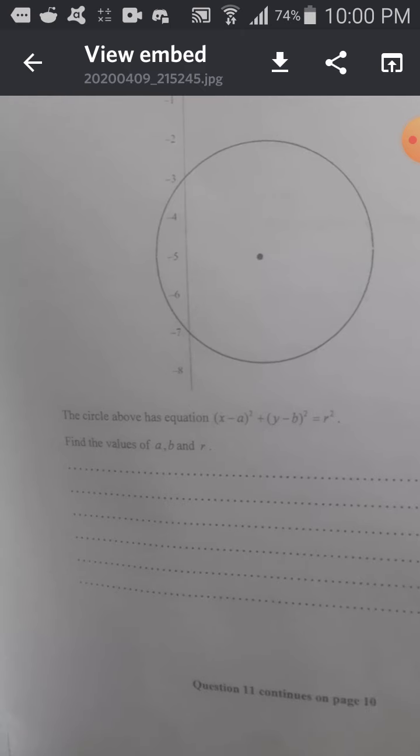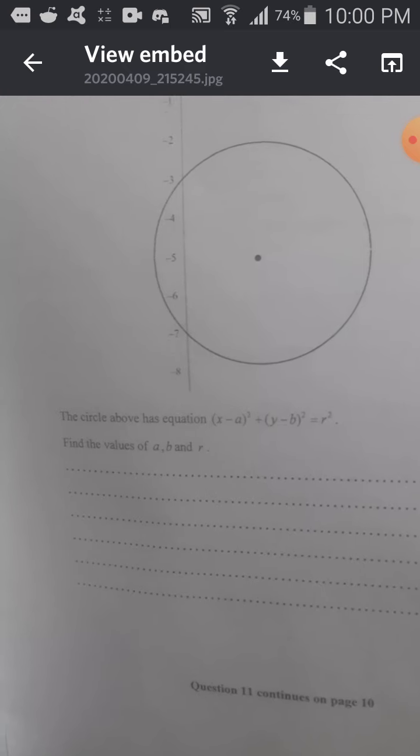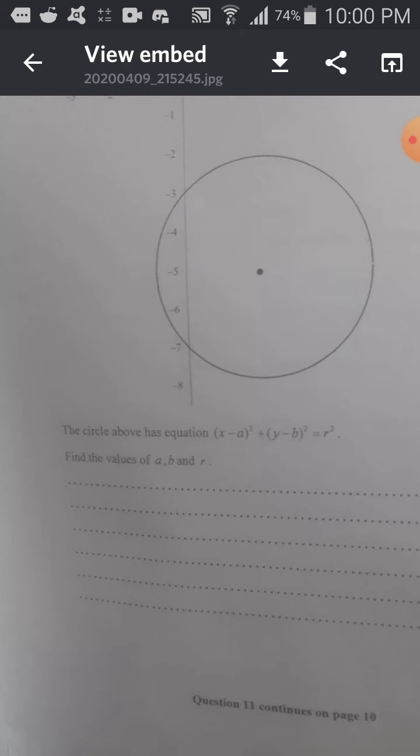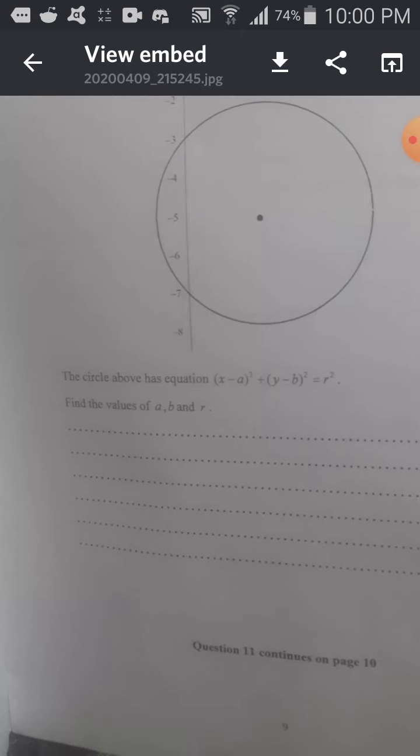So a represents the shift of the circle in the x-axis, so it's all about the x values. For y, b represents the shifting of the circle in the y-axis, so it's all about the y values, because it changes the y values. This is where it gets complicated.